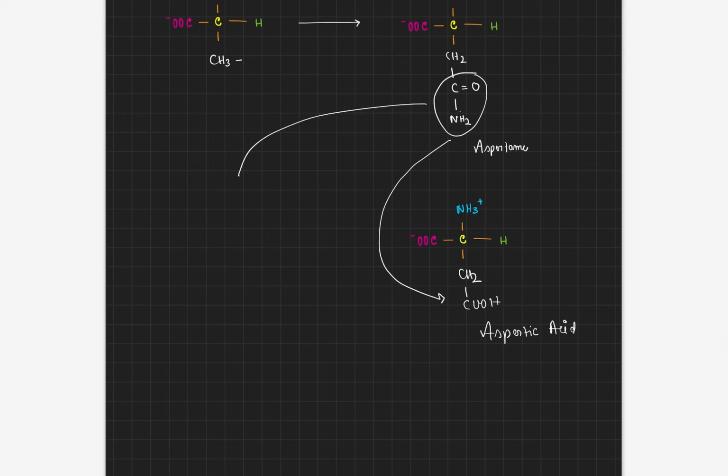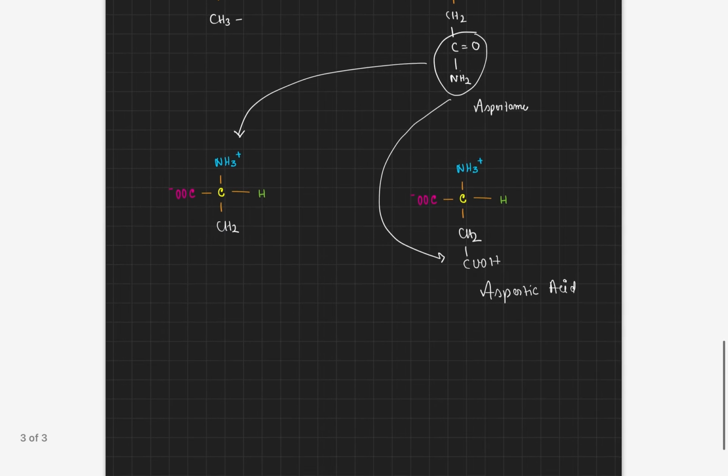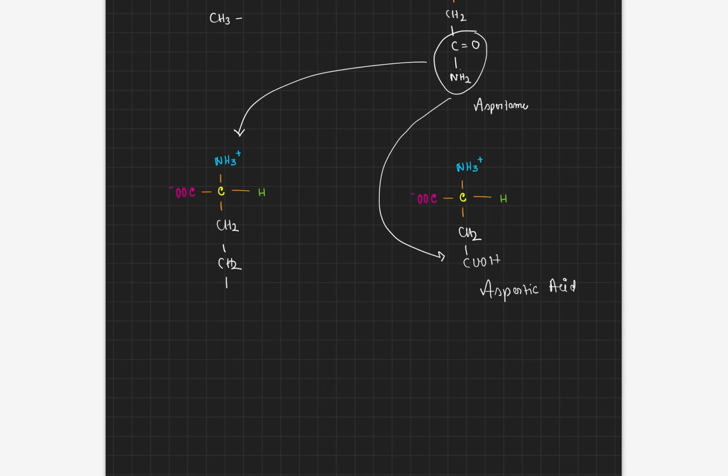From this, if I add a CH2 between them, this time I will be writing CH2CONH2, that is glutamate.